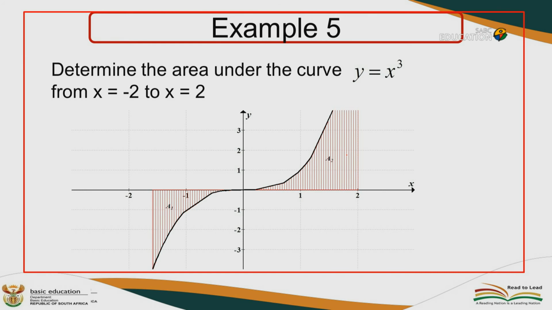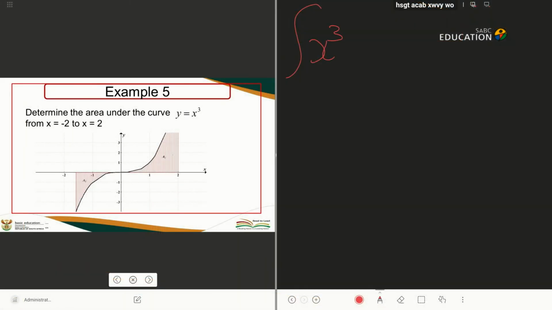Let us revise what we did earlier. We have this function of x to the power of 3, with limits negative 2 and 2, dx. If you integrate this, it will be x to the exponent of 4 over 4, with negative 2 and 2.